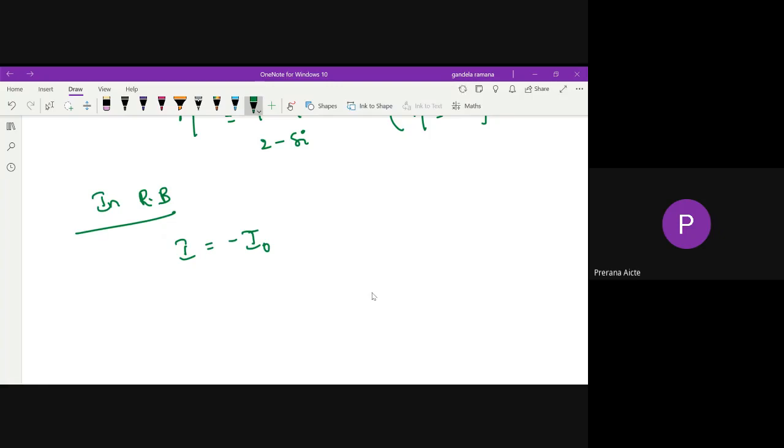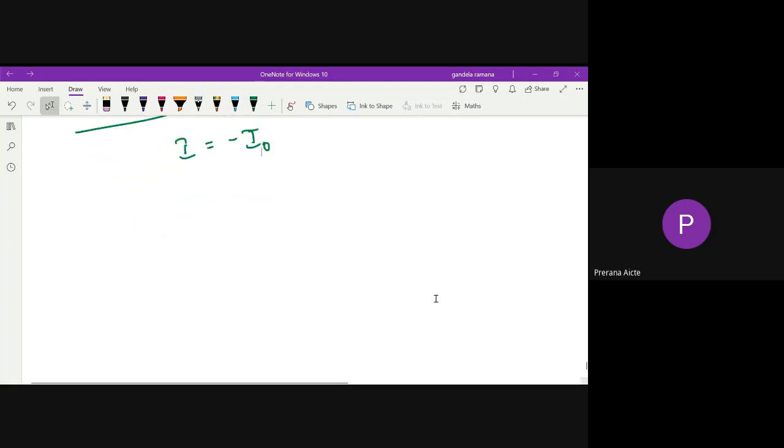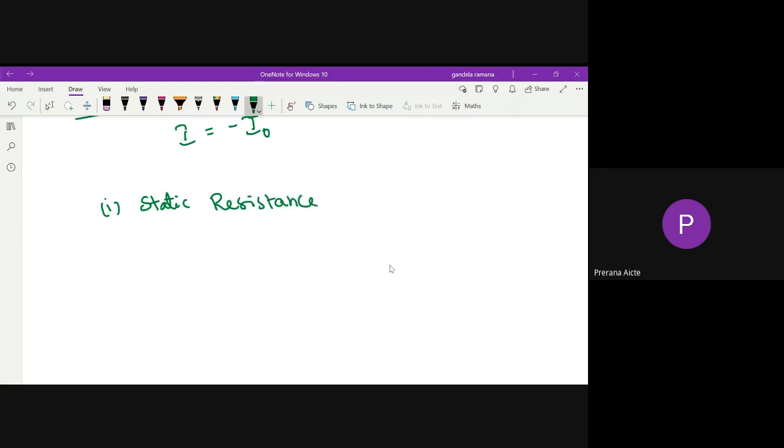It acts like a closed switch and offers low resistance. In forward bias the diode offers two types of resistances: static resistance and dynamic resistance.